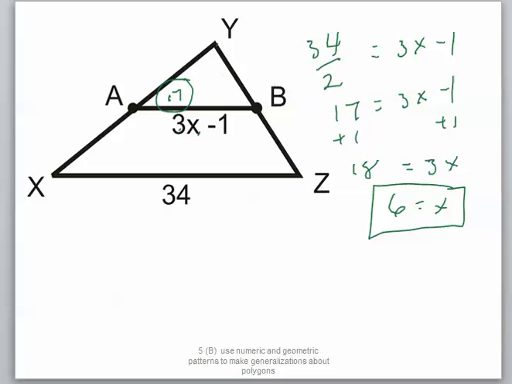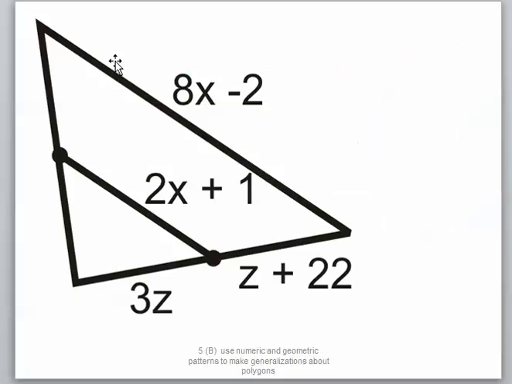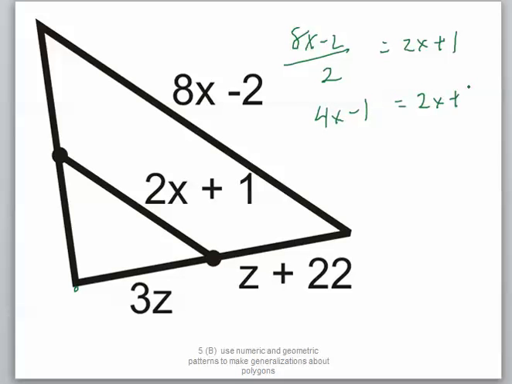Okay. One more here I want to work for you. What if they gave you expressions at both ends of this? So I've got 8x minus 2, 8x minus 2 plus the 0 at this end, divided by 2 will be equal to 2x plus 1. Well, 2 goes into both of those fine, so 4x minus 1 is equal to 2x plus 1. Subtract the 2x from both sides of the equation.